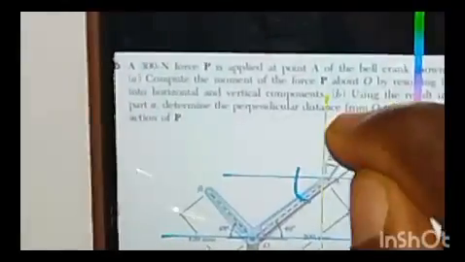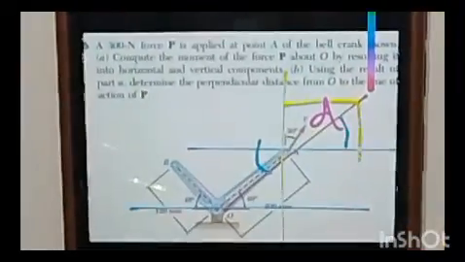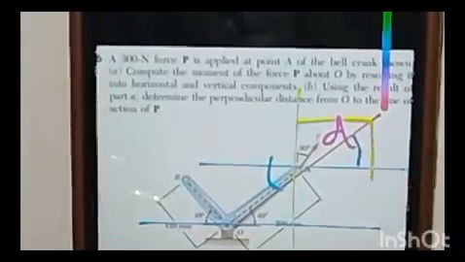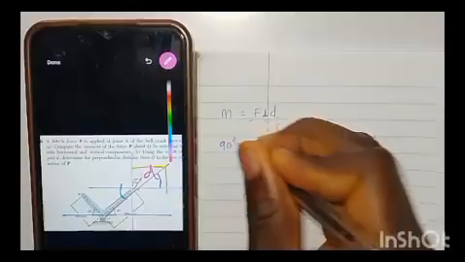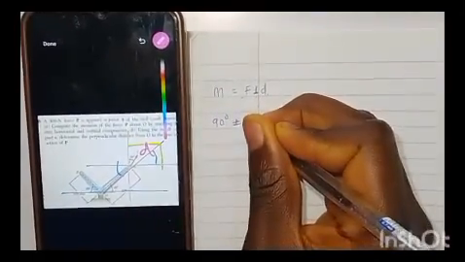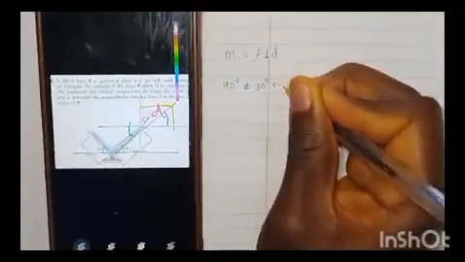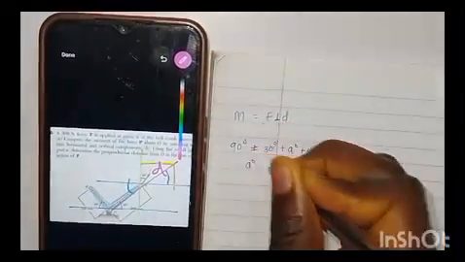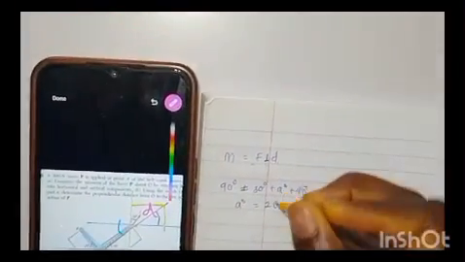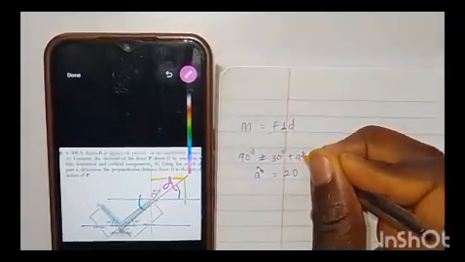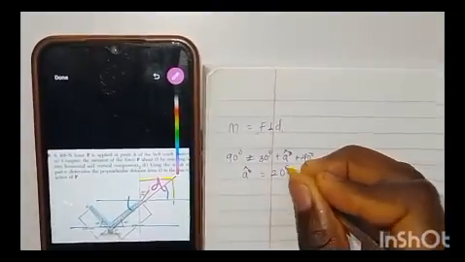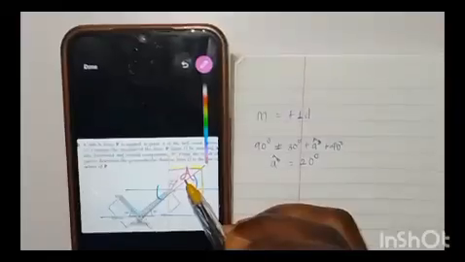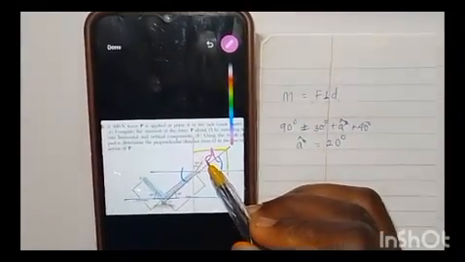Let's call the angle here A. To look for A, 90 degrees will be equal to 30 degrees plus A plus 40 degrees. So our angle A will be equal to 20 degrees.